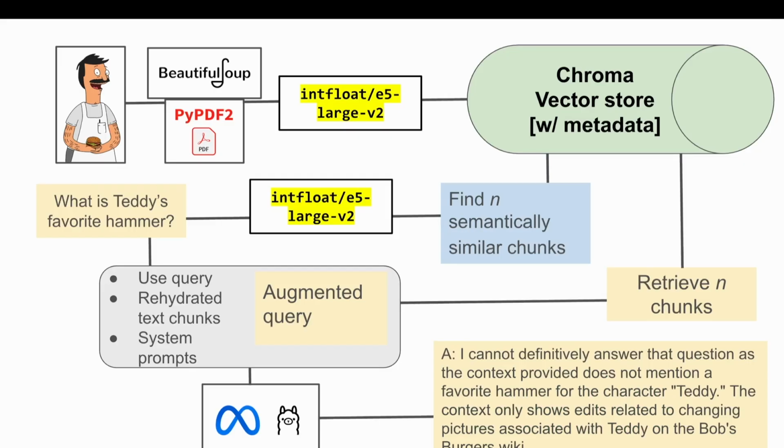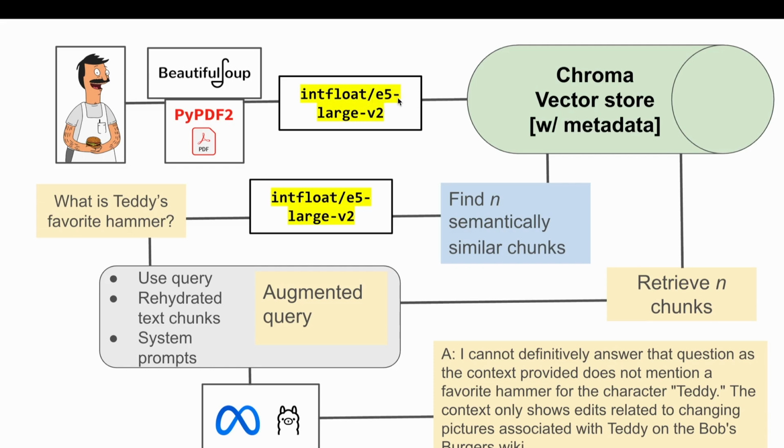So just to quickly overview the configuration I had for WARC-GPT initially. Here are our source documents up here, the Bob's Burgers wiki. Beautiful Soup is used to extract HTML text from the web files, and the same PDF Python library is also used. So this enabled us to grab all the text out of these source documents, embedded with a different transformer.